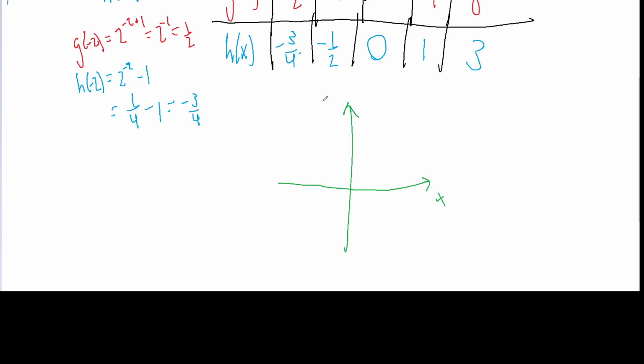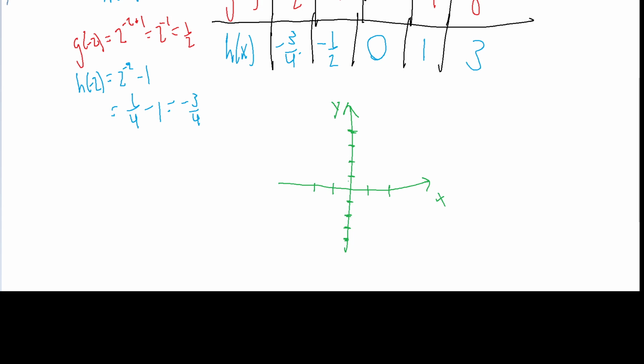So I have my x and y, and I have -2, -1, 0, 1, and 2. And what's the highest that I go up to? I can go by 2s, and I'll give myself more room as well: 2, 4, 6, 8, and -2, -4, -6, and -8.